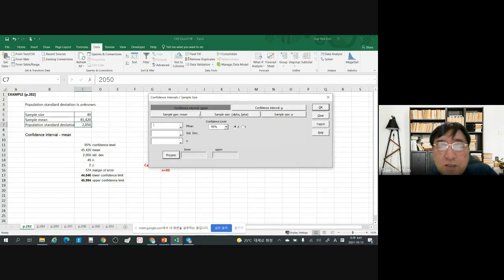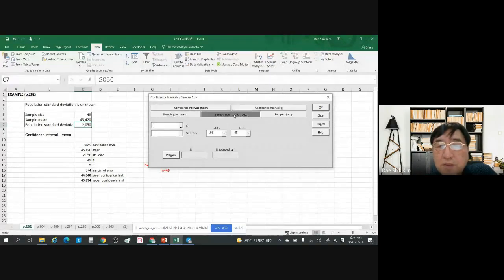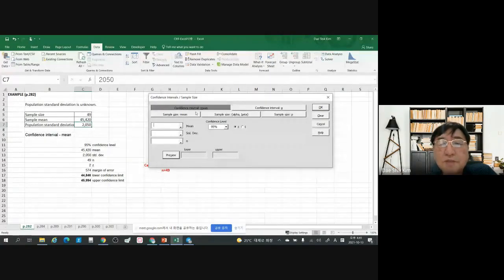The confidence interval for the mean, mu, confidence interval for population parameter p, the sample size, how to calculate sample size. Here you need to choose what you want. This is the default, and then the mean is here.